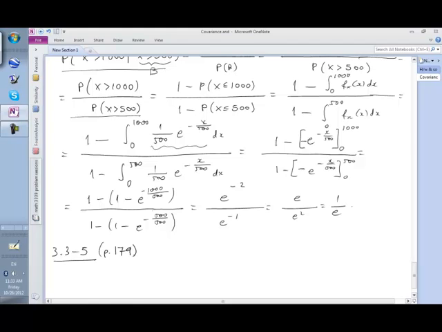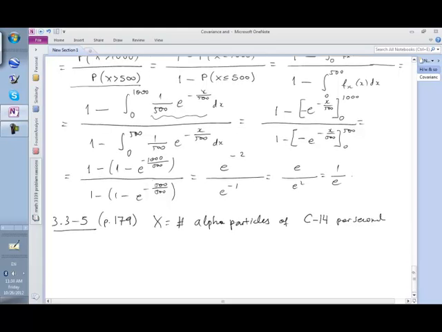In this problem, we have some alpha particles. X is the number of alpha particles of carbon-14 per second that are being emitted, that are being counted by a Geiger counter.